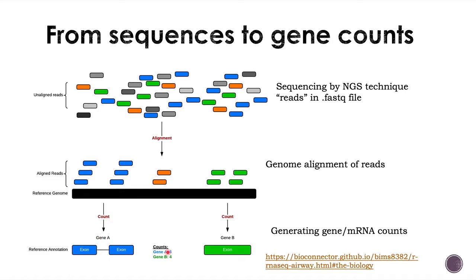This gene A will get 6 counts because it has 1, 2, 3, 4, 5, 6 reads aligned to its portion. Same for gene B, where you see the green reads aligned to the exon of gene B. It has 4 reads, therefore gene B will get a total of 4 counts.